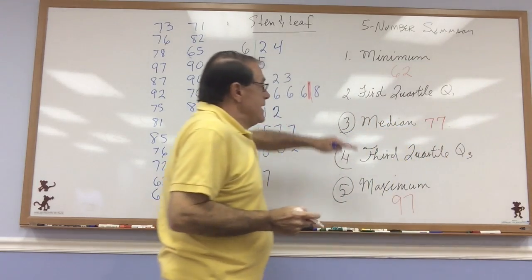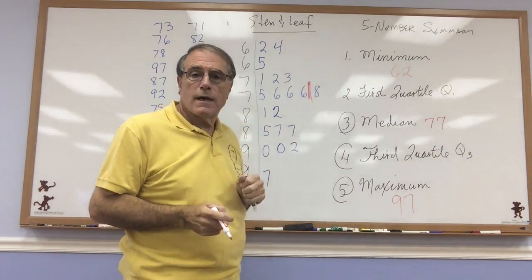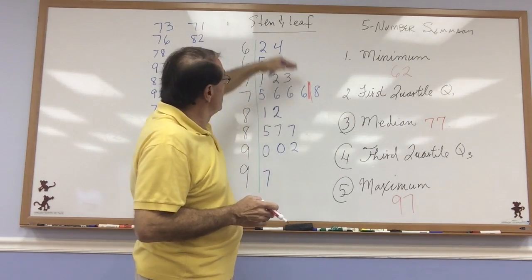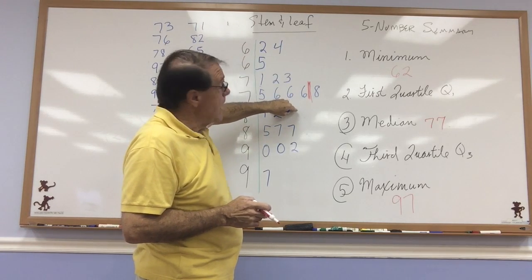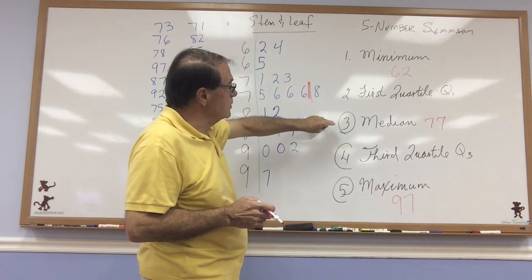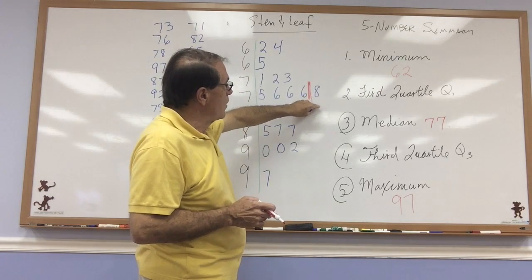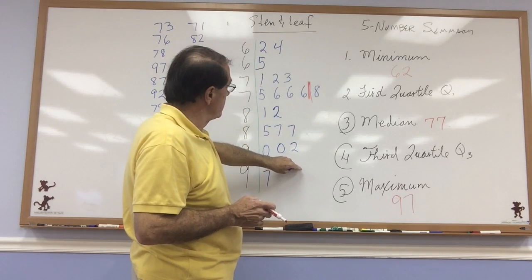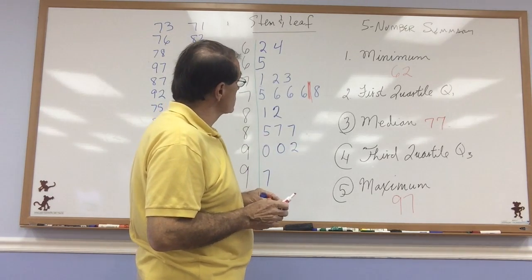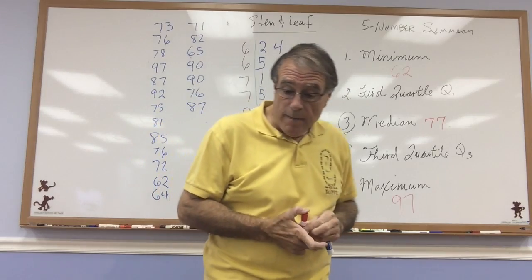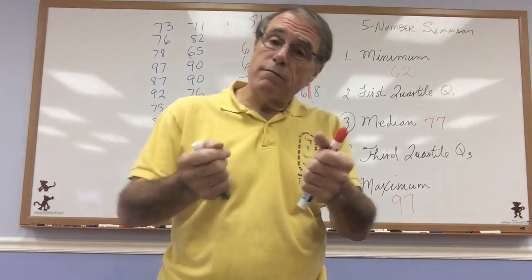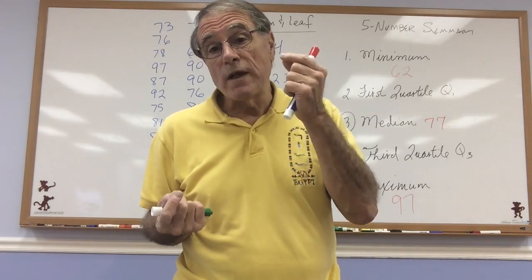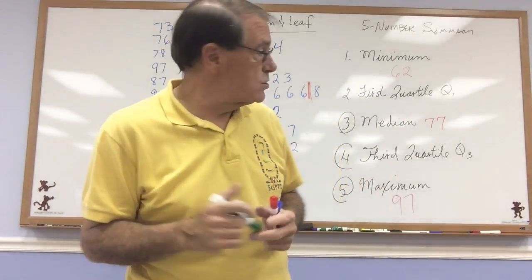All righty. Now I want to find the first quartile. So what I'm going to do is find the median in the first 10. Now, I would never include the median when finding the first quartile, nor finding the third quartile. Well, I've got 10 scores in the bottom half, so the median of those 10, my first quartile, will be between the 5th and 6th scores.